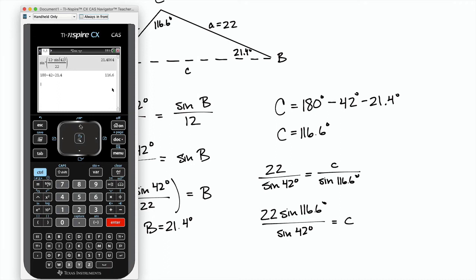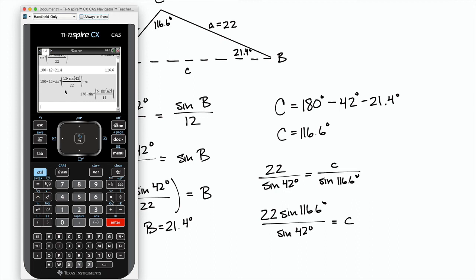And so what I'm going to do is take this original, I'll do my 180 minus the 42, and then instead of minus the rounded form, I'm going to subtract that whole thing that gave me that number. And this thing, I'm going to store it in a variable, okay? Now this angle, that was the angle C, so I'm going to store it in C. Store in the variable C, and hit enter.